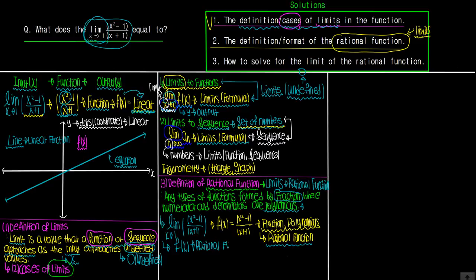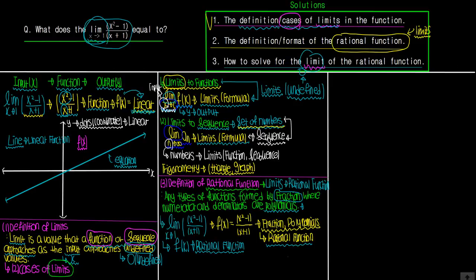And now the last step in order to solve this question is how to solve for the limits of a rational function. We know the definition of limits, the types of limits, and what a rational function is. So what we need to do is solve for our rational function's limits.